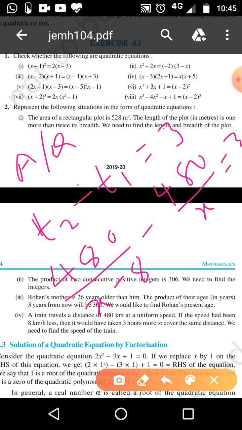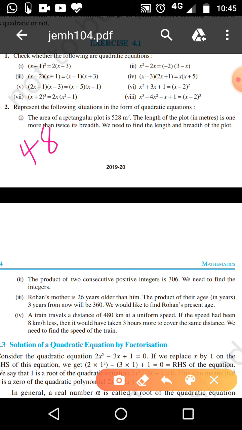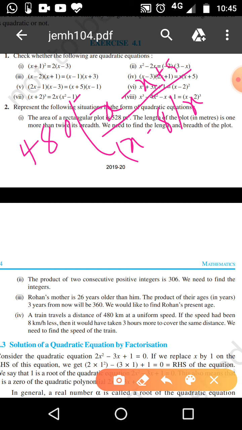Okay, so 480 is taken common. We have 480 times, within brackets, 1 upon x minus 8 minus 1 upon x, and this is 3. Taking the LCM, we have 480 times x minus of x minus 8 over x into x minus 8, equal to 3.